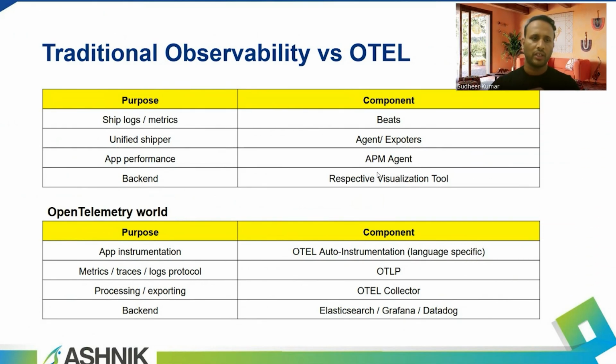If we talk about traditional observability versus Otel, what are the components in it? In traditional observability, we have lightweight shippers called Beats. Then we have agents to export the logs.